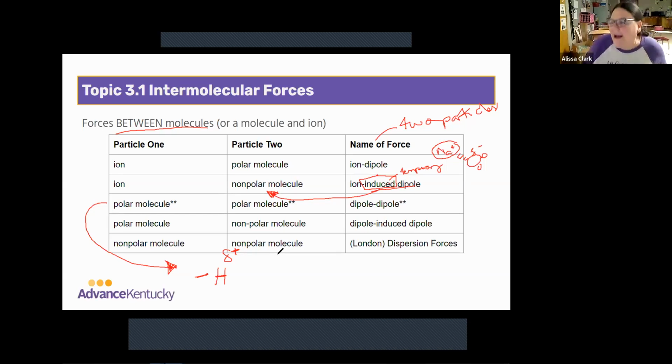All right. So I see in the chat, yes, Ava, that is a nitrogen or an oxygen or a fluorine. And those three atoms have extremely high electronegativities. So they're going to pull electron density away from that hydrogen and then make this hydrogen need to find some electron density in an adjacent molecule.